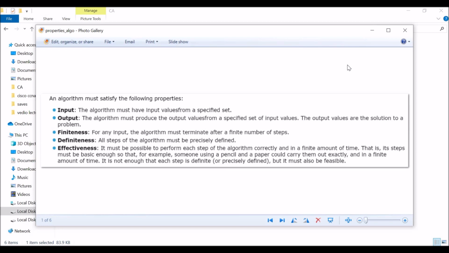Suppose I say step number 1, take a utensil for making a chai. If we consider the problem of making a cup of tea, and my very step number 1 is that you have to take a utensil, this sentence is definitely ambiguous. Why? Because you cannot take just any utensil.